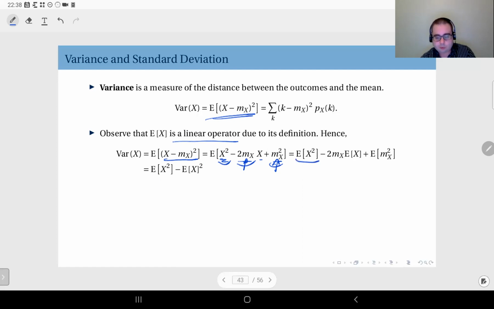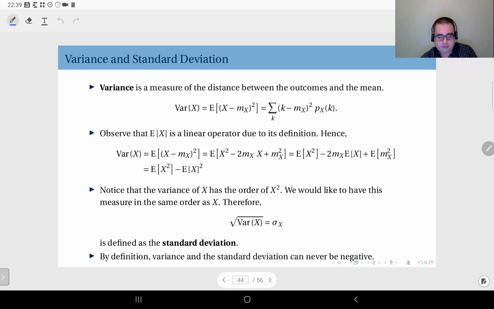This is the second moment, this is the mean, and this is the expected value of a constant, which is a constant by itself, so this is m squared. So this is the second moment minus 2 times the square of the mean plus the square of the mean. What you get is the second moment minus the square of the mean. This is another relationship we frequently use to compute the variance of a random variable.